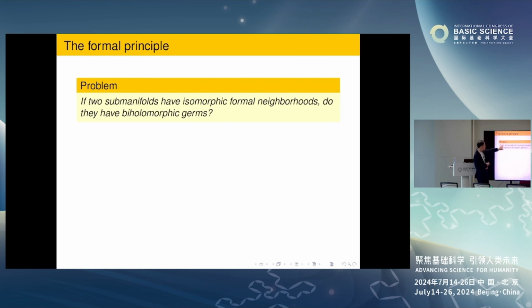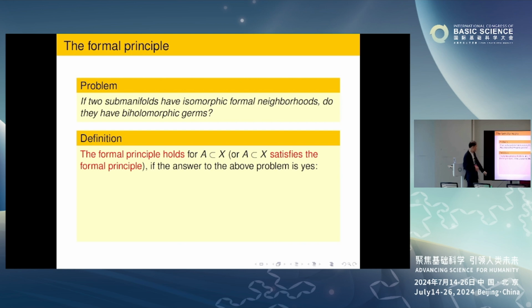So the problem we are interested in is: two compact submanifolds having isomorphic formal neighborhoods, do they have biholomorphic germs? That is the question we are interested in, and we would like to make it into a definition. So this is the definition.